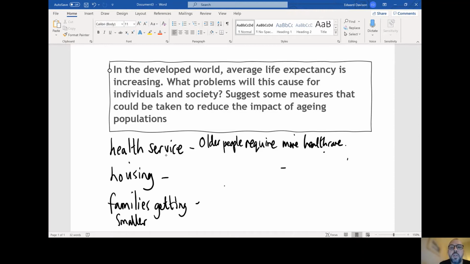So my solution there is going to be more facilities for older people to maintain good health. More facilities for older people to maintain good health.